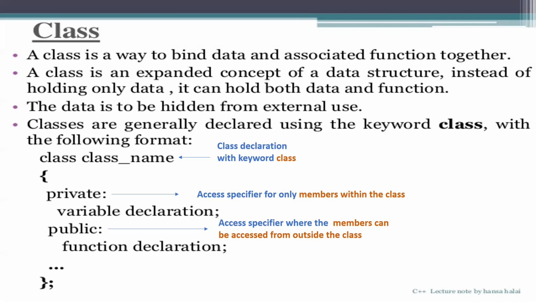Now, as here we can see, this is how the class is declared. You write down the keyword class and you give a class name given by the user, followed by the curly brace, and this private and public are the access specifiers, or visibility labels, they are also called, which will differentiate what kind of data is going to be hidden and what kind of data will be there for the public use.